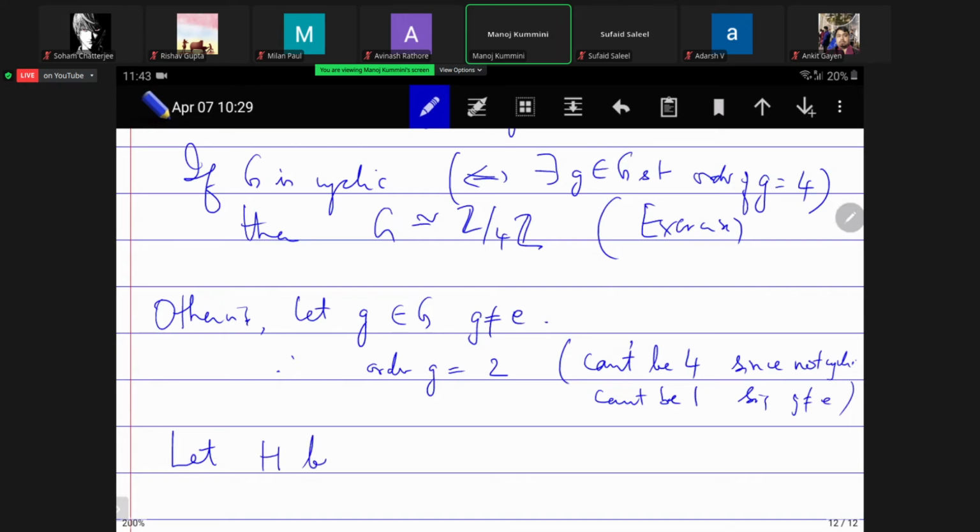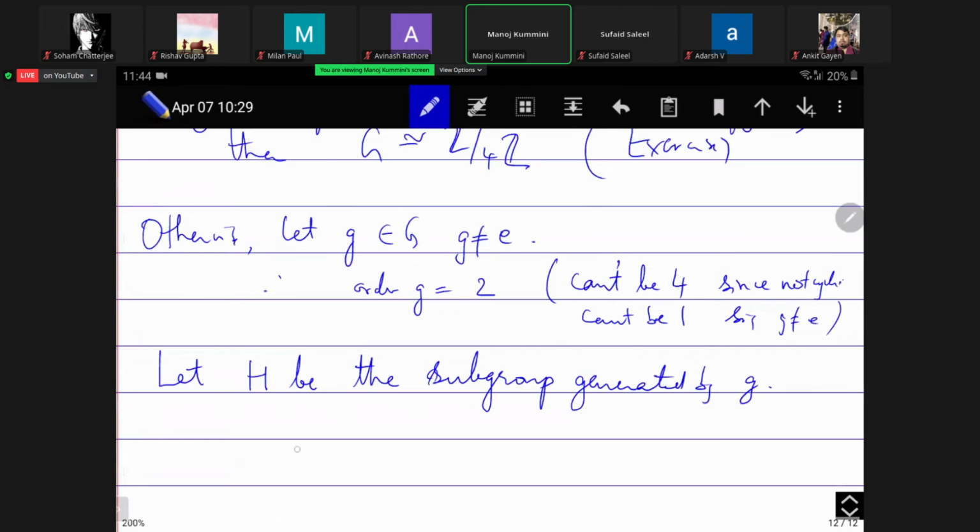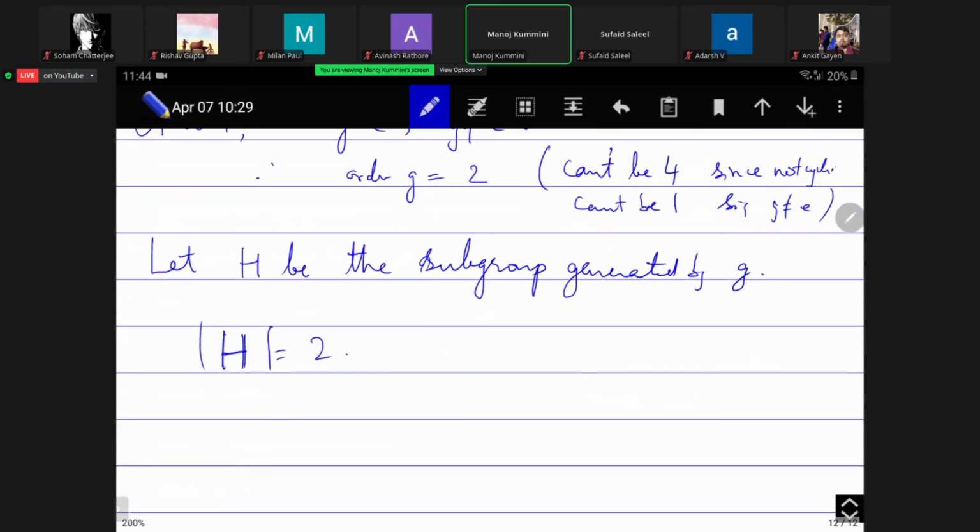So let H be the subgroup generated by little g. Then the order of H is 2. Index of H is also 2.